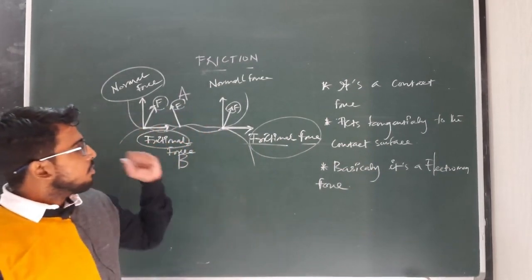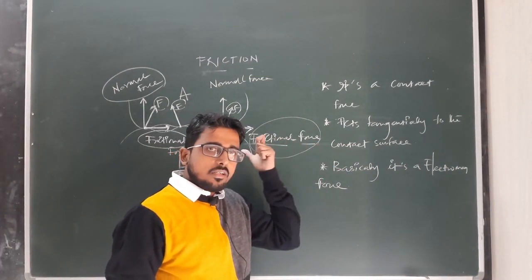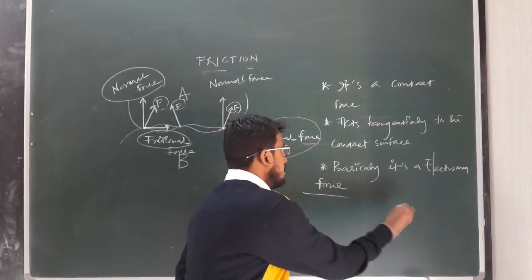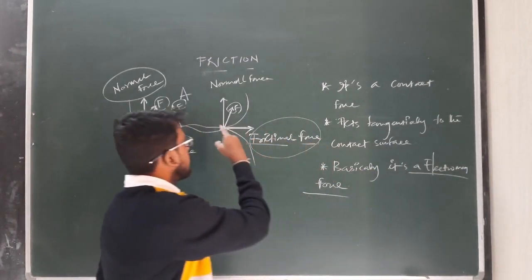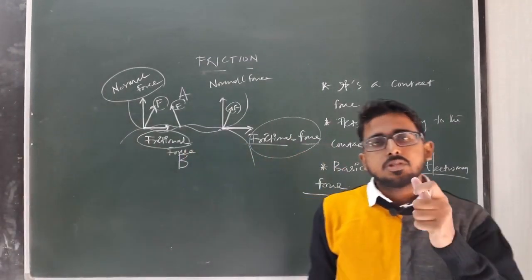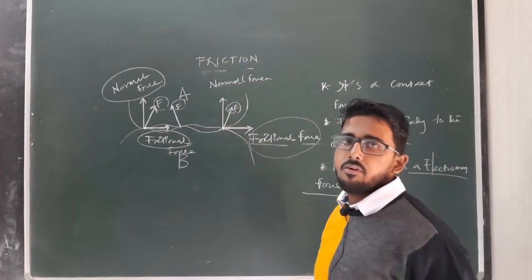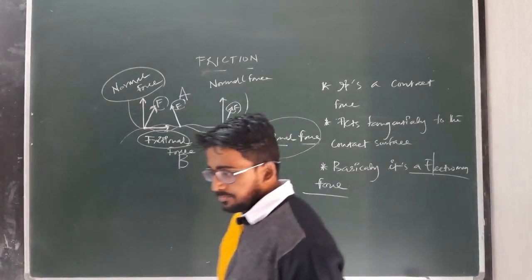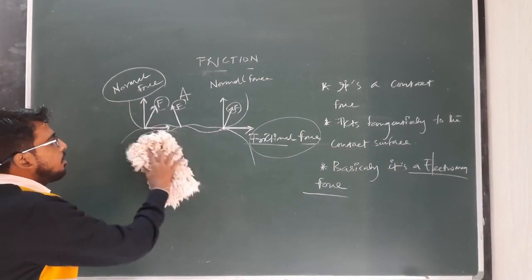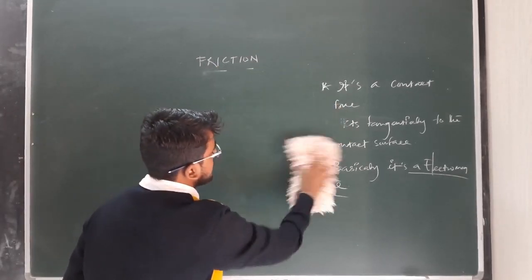So frictional force is a contact force which acts tangentially to the contact surface, and it is basically an electromagnetic force. So the frictional force or contact force originates due to the electromagnetic force experienced by the different molecules or atoms of the two different bodies. Clear? So we basically have an idea now what friction is and what type of force it is.